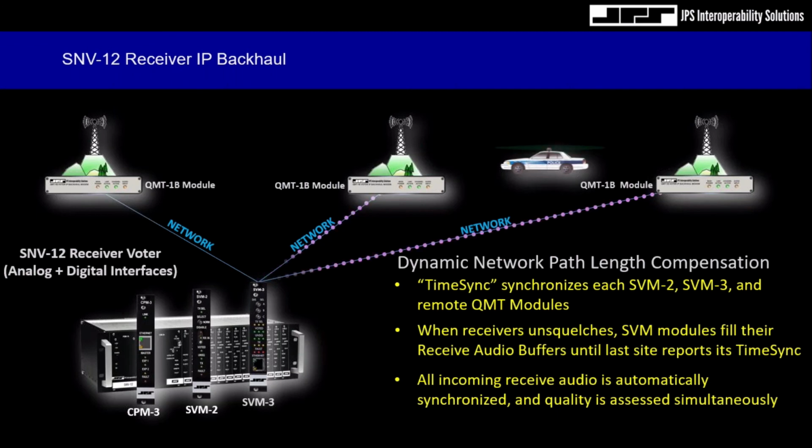As the receive audio at the remote QMT1B module is being assessed, compressed, and prepared for delivery by way of UDP network packets in the form of RoIP data, the CPM3 control processor module within the chassis will command receive buffers in the SVM2 and SVM3 site voter modules to begin filling their internal buffers.